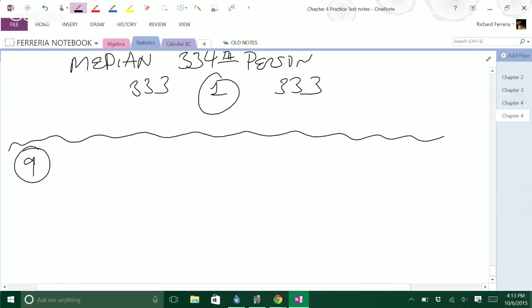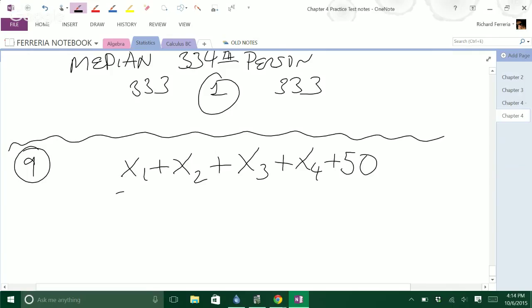Okay. So we don't know the 5 people's ages, right? No. We just know we have person 1 plus person 2 plus person 3 plus person 4 plus person 5, who was 50 years old. Their average is 30.